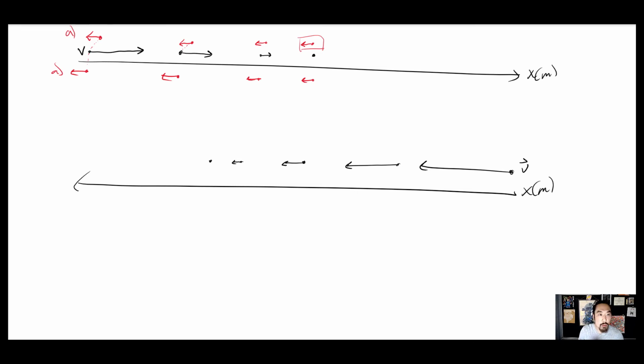Now, if we are moving to the left, but we are accelerating by slowing down, that must mean that our acceleration must be to the right. It has to be the opposite. Like so. Look at that, that's pretty good. Once again, at the end, I will put the acceleration down just to show that we are under a uniform acceleration.